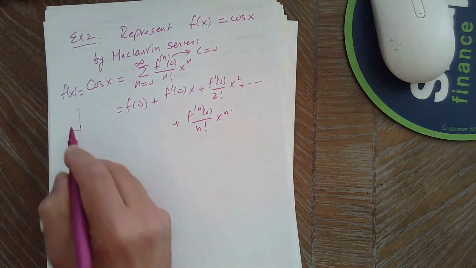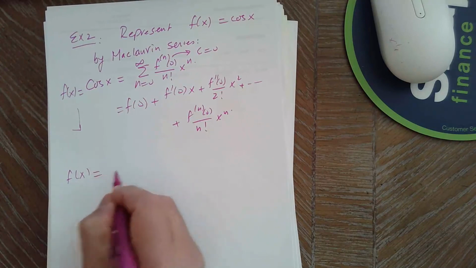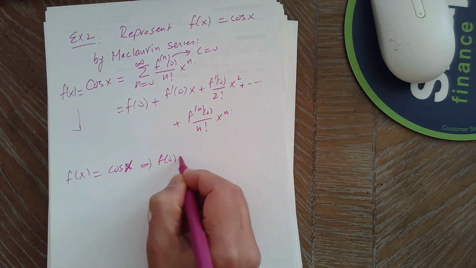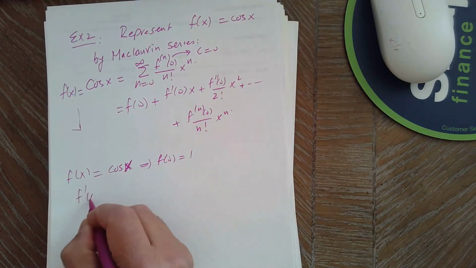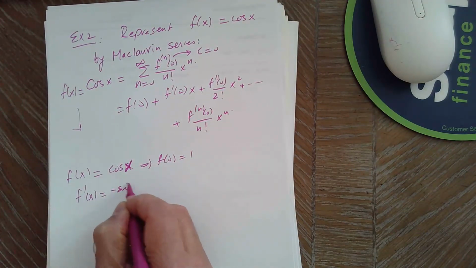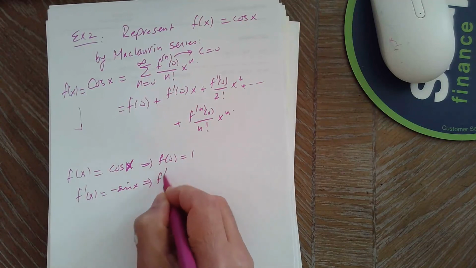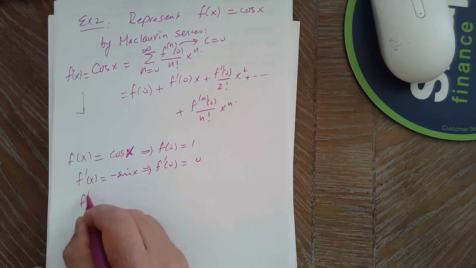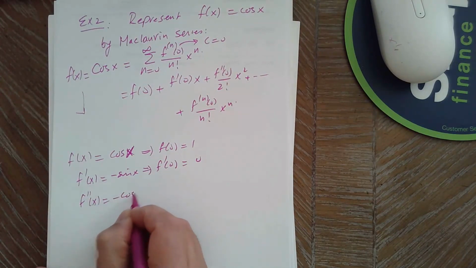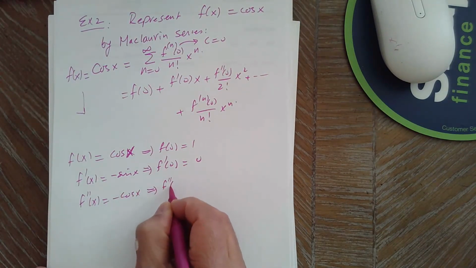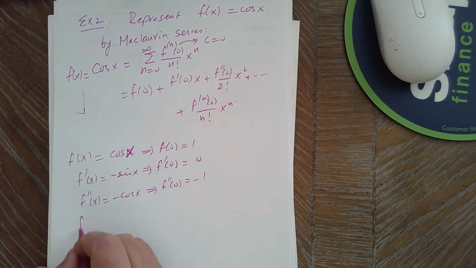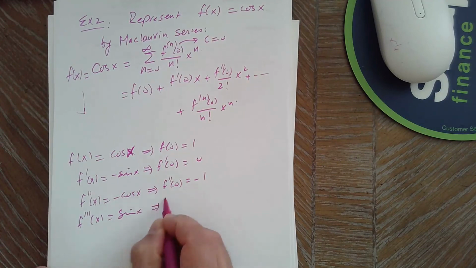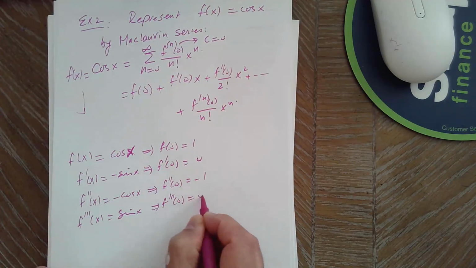So f of x equals cosine x. We're going to find f of 0, which is 1. f prime of x is negative sine x. f prime at 0 is negative sine 0, which is 0. f double prime of x is negative cosine x. f double prime at 0, negative cosine 0, is negative 1. f triple prime at x is sine x. f triple prime at 0 is 0.